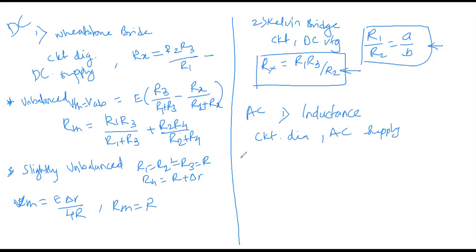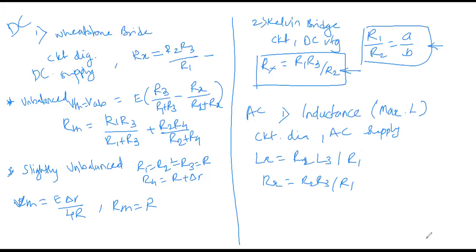Then we find Lx is equal to R2 into L3 divided by R1, and Rx is equal to R2 R3 divided by R1. So these two equations we got for the inductance bridge, which is also called Maxwell's inductance bridge.